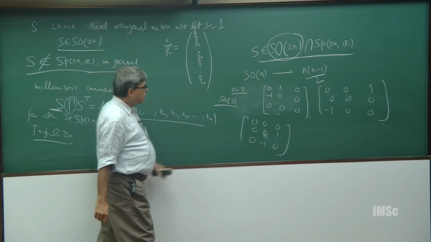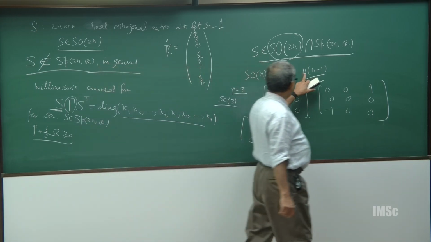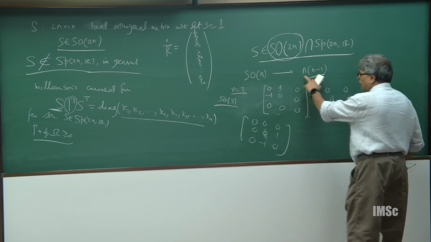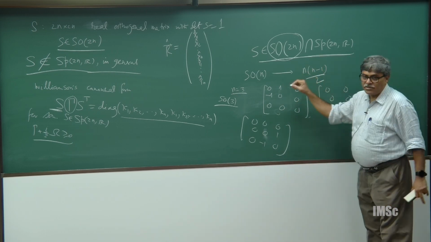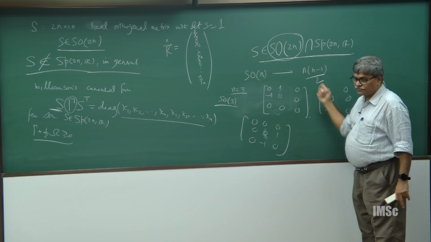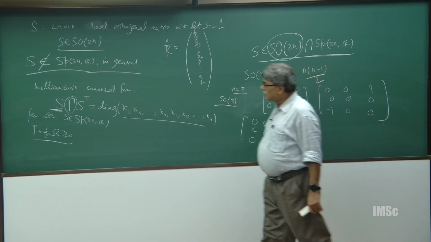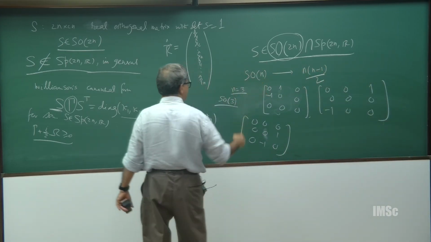For n equal to 3 the total number is 3; for n equal to 2 it should be 1. So this is the number of generators.